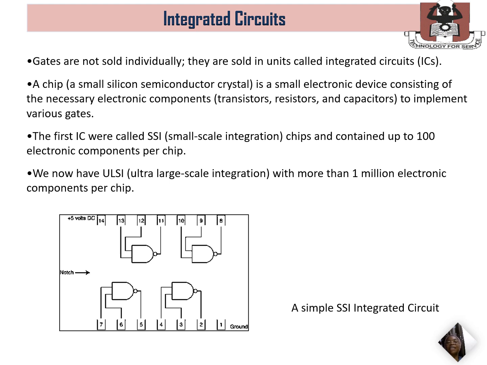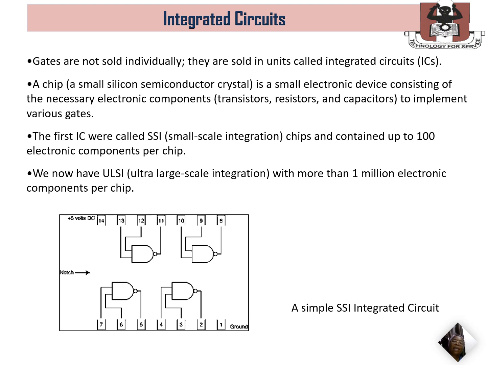The first ICs produced were called small scale integration chips, and they contain up to 100 electronic components per chip. Now we have ULSI, ultra large scale integration, which has more than 1 million electronic components per chip.